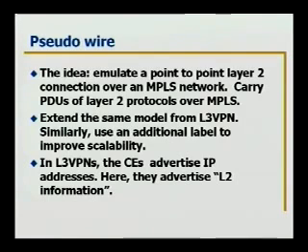What I can have now happen is I can have the remote PEs advertise layer 2 information and VPN labels. And the end result of this is that I can emulate a layer 2 point-to-point connection over the MPLS network, and I can carry PDUs of layer 2 protocols over MPLS.